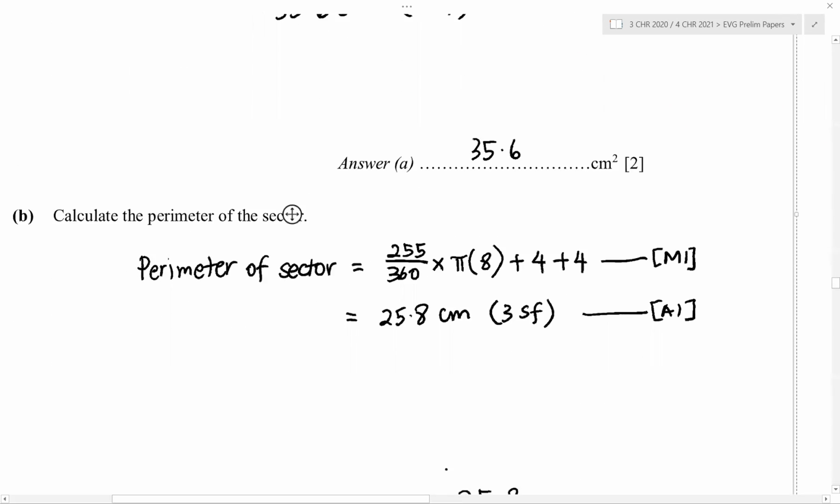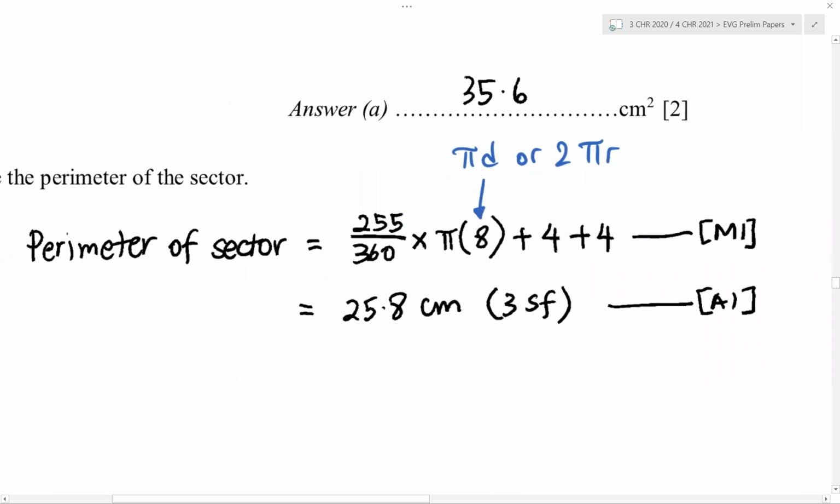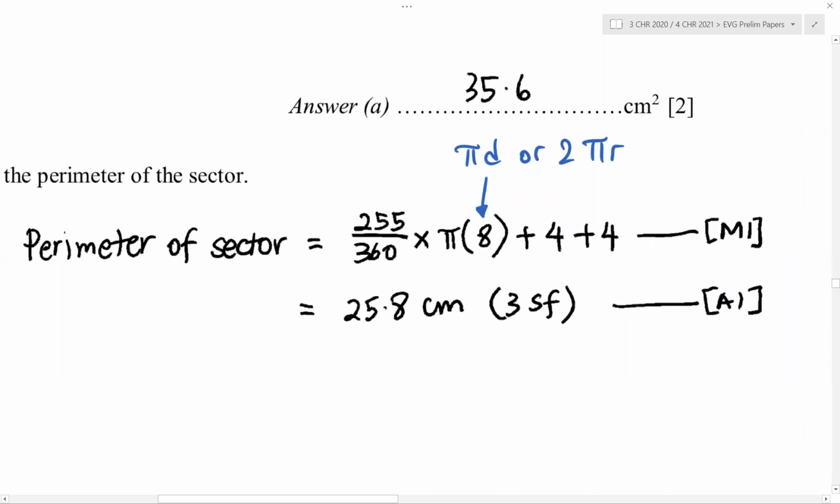Next, perimeter. Both are the same, pi d and 2 pi r. Is it 25.9? 25.8. Can I move on?